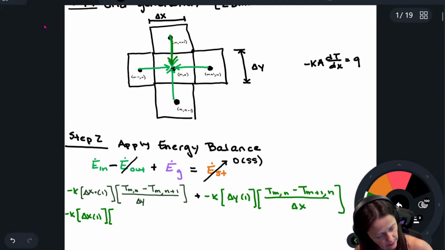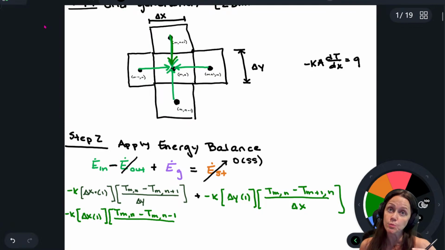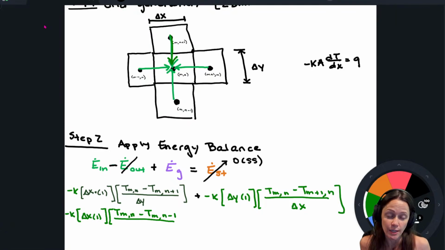Now I have T_mn minus T_m,n-1 over the distance between those two nodes, which is just delta y.